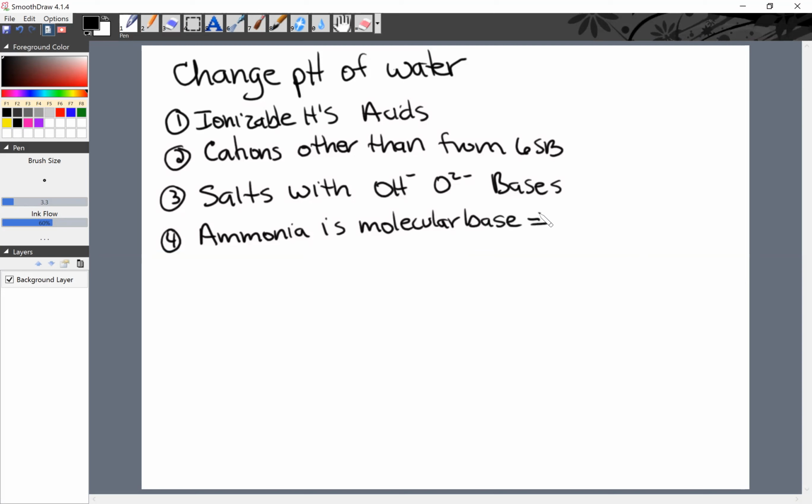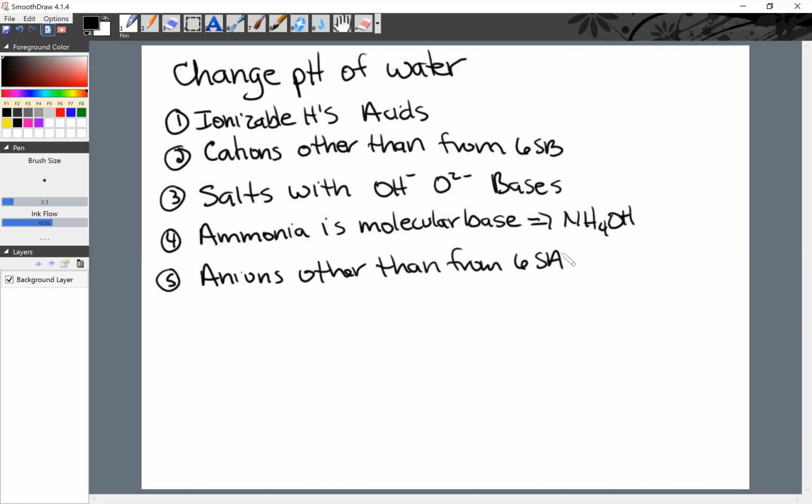And so it will form ammonium hydroxide. And last but not least, the anions other than from the six strong acids will turn it basic.